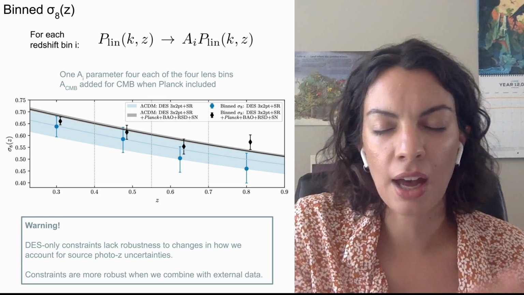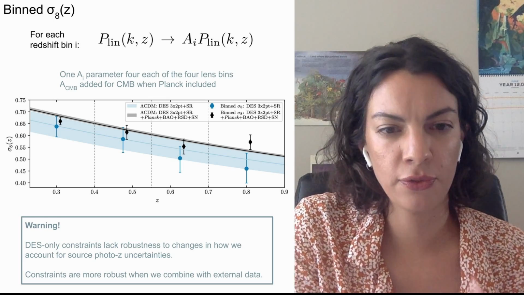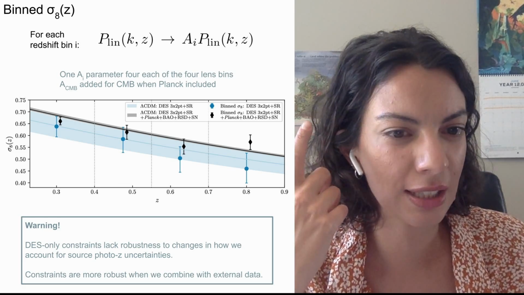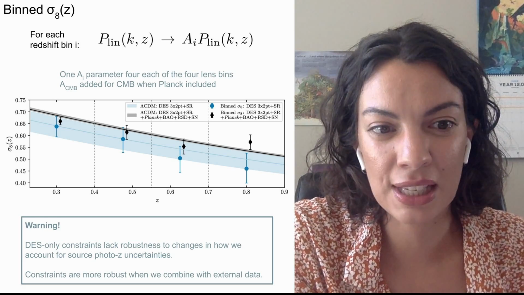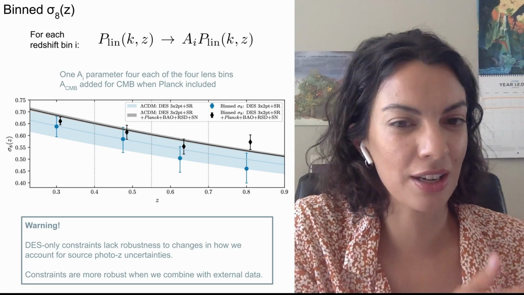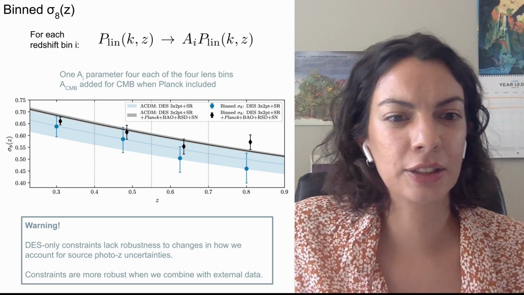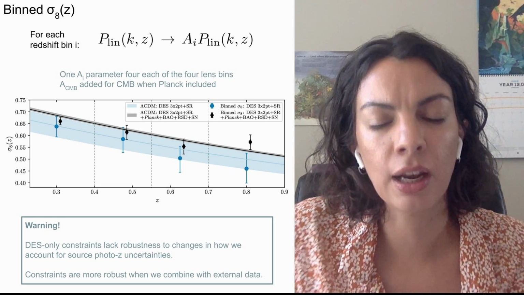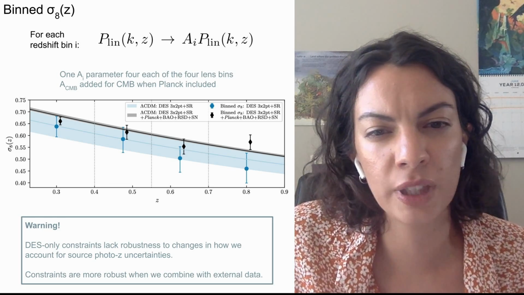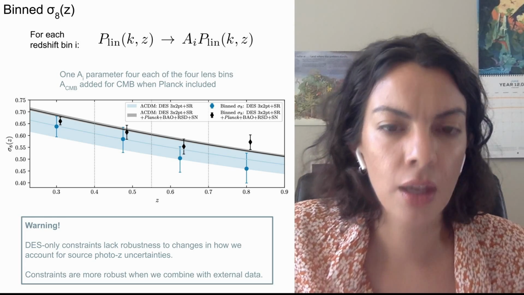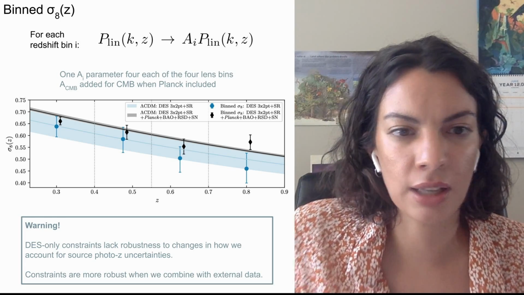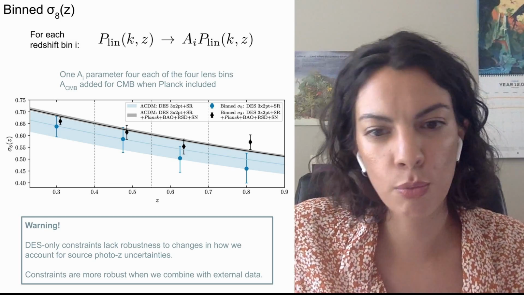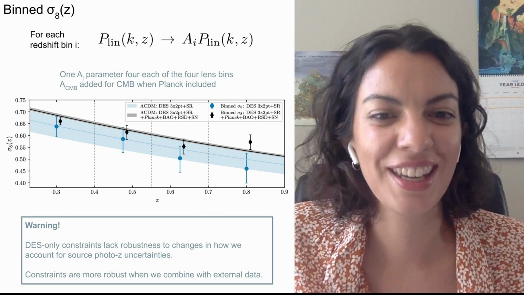That means when we have an approach to model photometric redshift, we also have to think about how it impacts our results in beyond Lambda CDM models, because actually it can have an impact. And this impact is less when we combine with external data, our constraints are more robust. But that was an interesting takeaway from this, and again, more work to be done there.